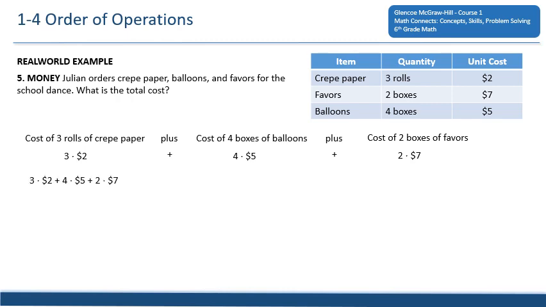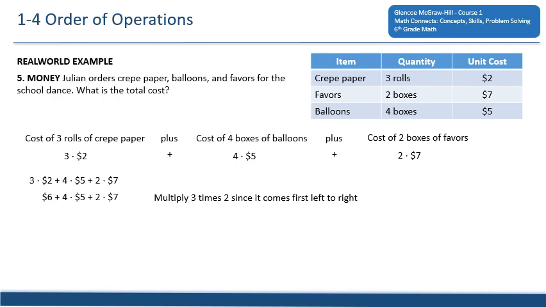And now we're just going to rewrite it a little bit more compact so we can do some math. And PEMDAS, there's no parentheses, there's no exponents, but there is some multiplication that we have to take care of. So reading from left to right, we're going to do 3 times $2 first. We get 6 plus 4 times 5 plus 2 times 7.